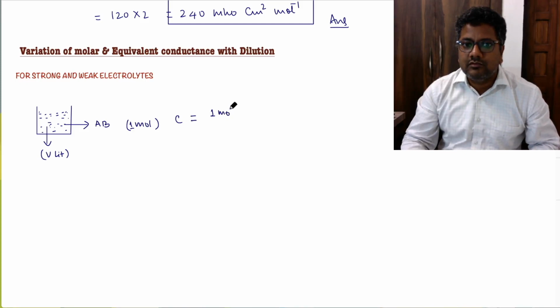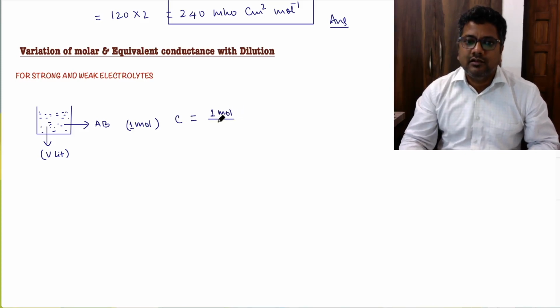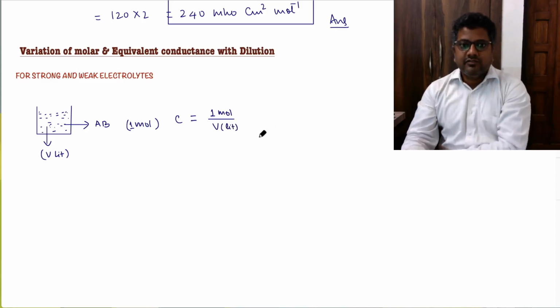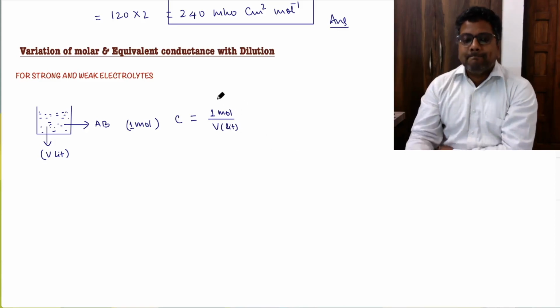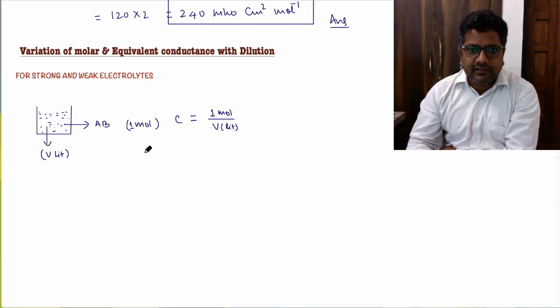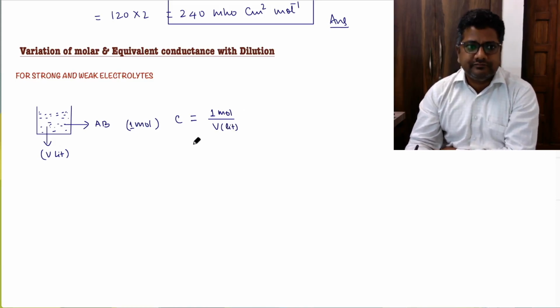The concentration C is equal to 1 mole divided by volume in liters. What we have to do here is fix the quantity of electrolyte at 1 mole and make the volume free, which means it is variable.